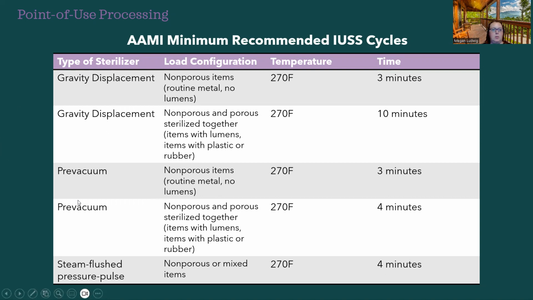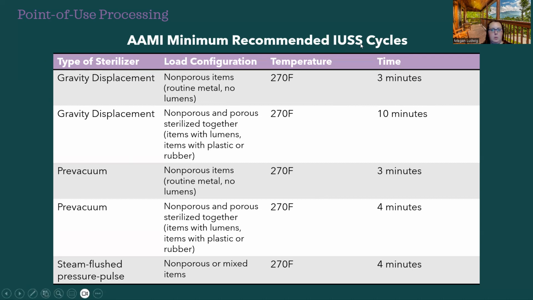But there's different types of sterilizers here in the first column. And it matters what the instrument or the load configuration is, because that affects especially the time. The temperature in these types of steam sterilizers or IUSS cycles are all the same temperature, but when you get into other sterilizers, they start to change.